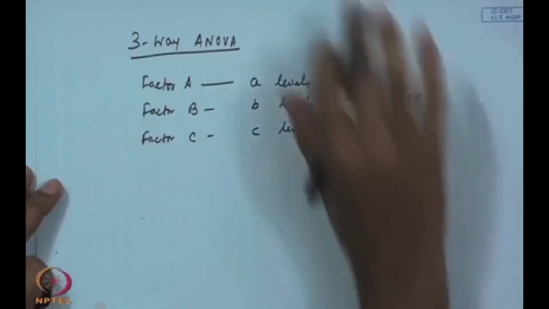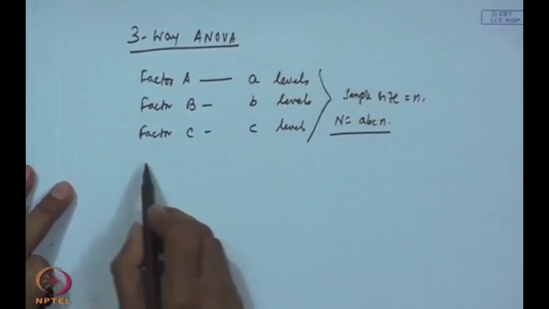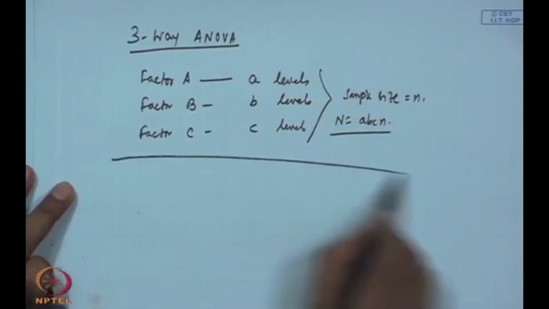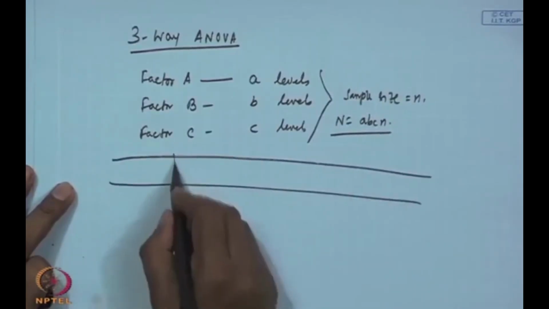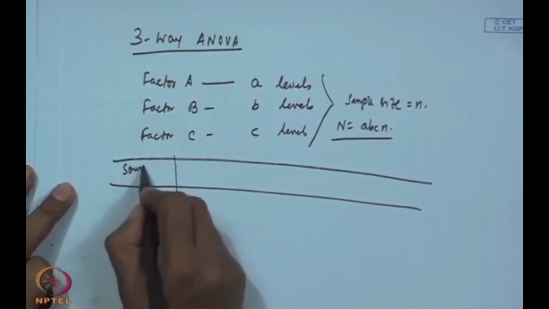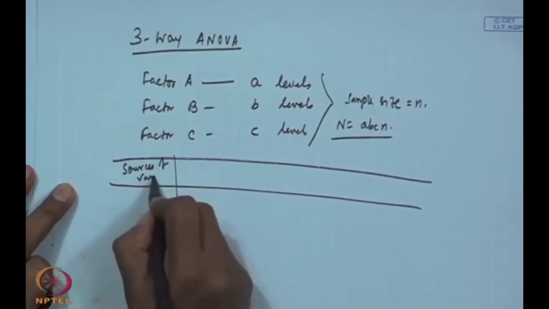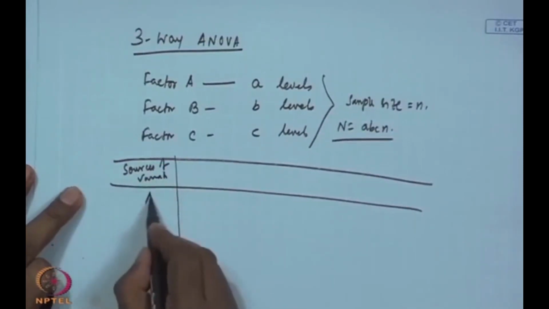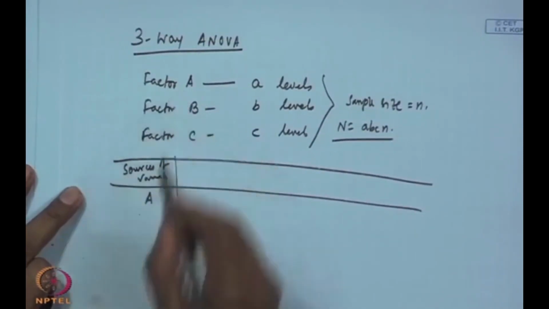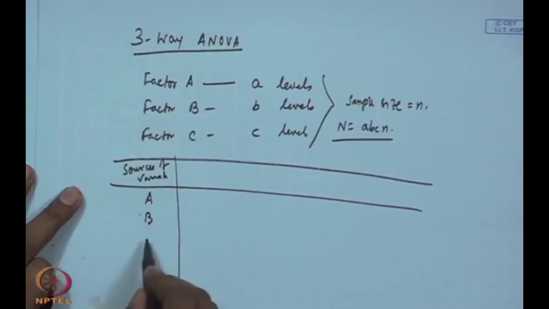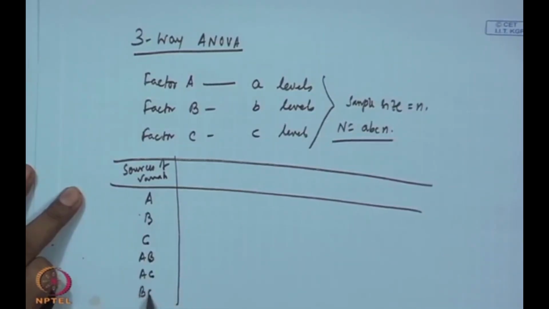Now, I will not compute anything, only thing I want to write here is what will be the sources of variation. Definitely first is A, second is B, third is C, then definitely AB, interaction between A and B, interaction between A and C, interaction between B and C, interaction ABC.